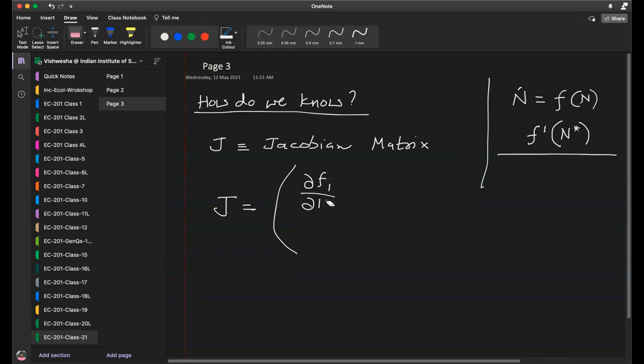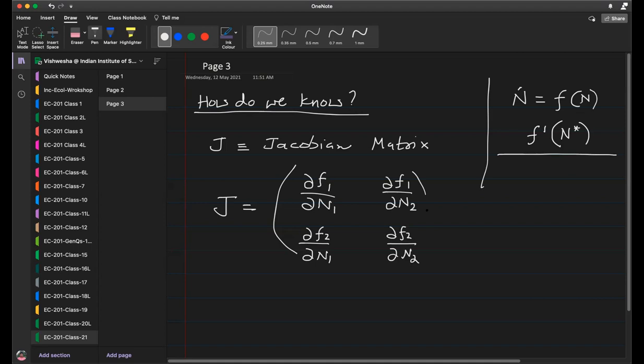So let's call the species N1 and N2 and the functions F1, F2. You'll have to compute this matrix first, which is called the Jacobian matrix.